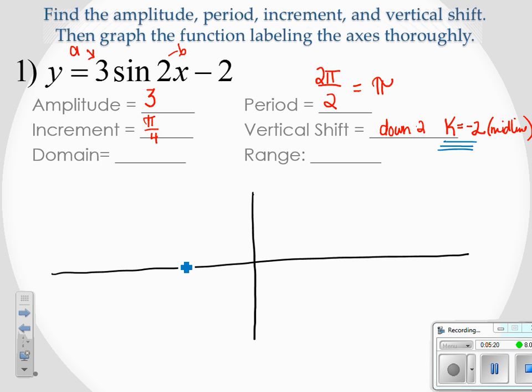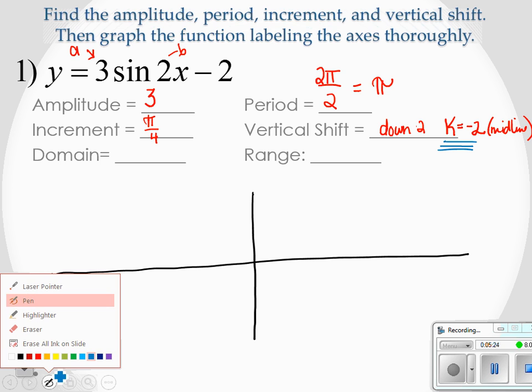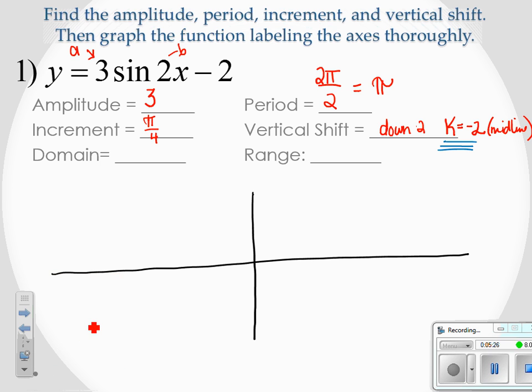Before, the midline used to be just the x-axis. Now it's not the x-axis anymore. So I do my midline in red. My midline is y equals negative 2. That's my horizontal line. So at negative 2, I'm going to draw my midline, label it my midline, and call it y equals negative 2.